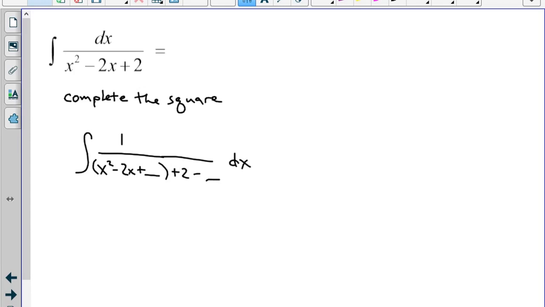Reminder, I take this number, divide it by 2, and then square it. So negative 2 divided by 2 is negative 1. And when I square it, that's 1. So since I added 1 to the denominator, I also have to subtract 1 from the denominator.